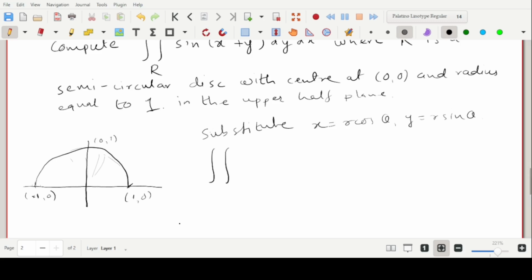All right. So theta is varying from 0 to pi, and for every theta, r is varying from 0 to 1. Okay, fine.